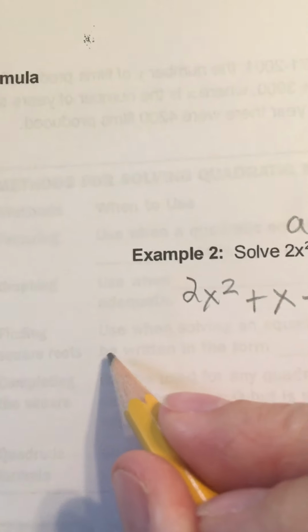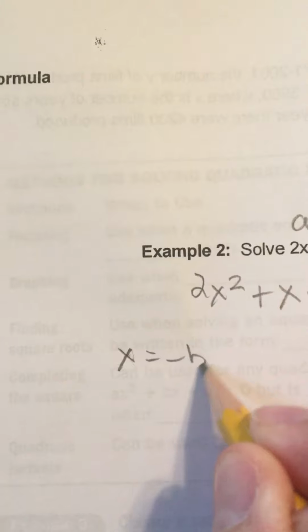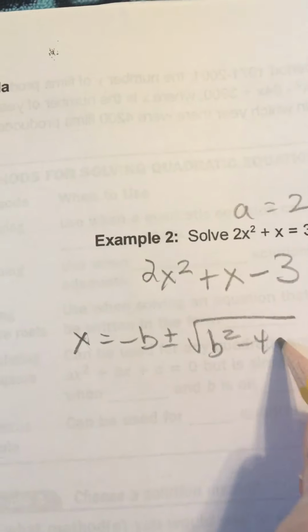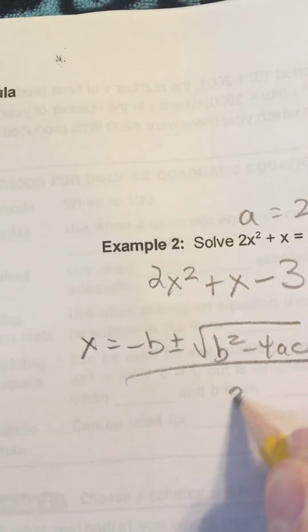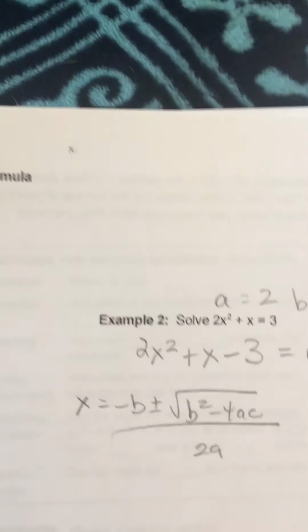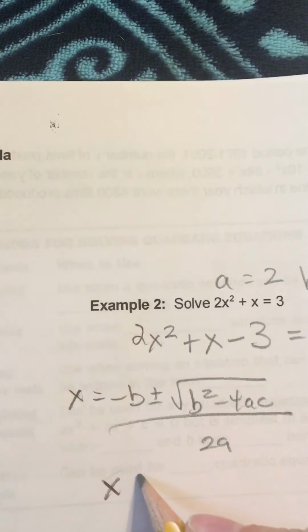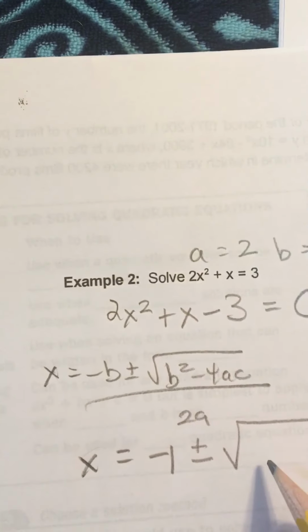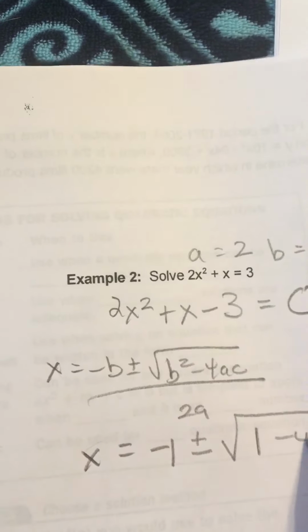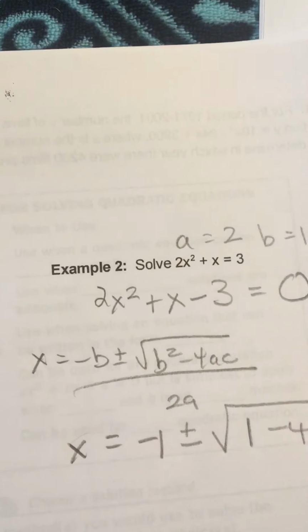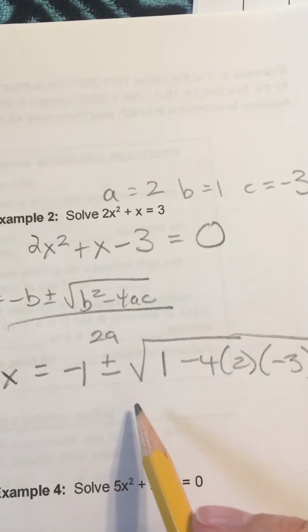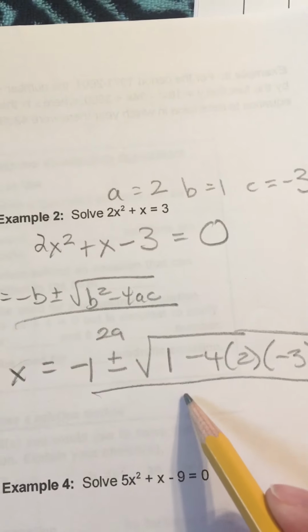The quadratic formula is x equals negative b plus or minus the square root b squared minus 4ac all over 2a. So this is going to be x equals negative 1 plus or minus the square root of 1 minus 4 times 2 times negative 3, all over 2 times 2, which is 4.